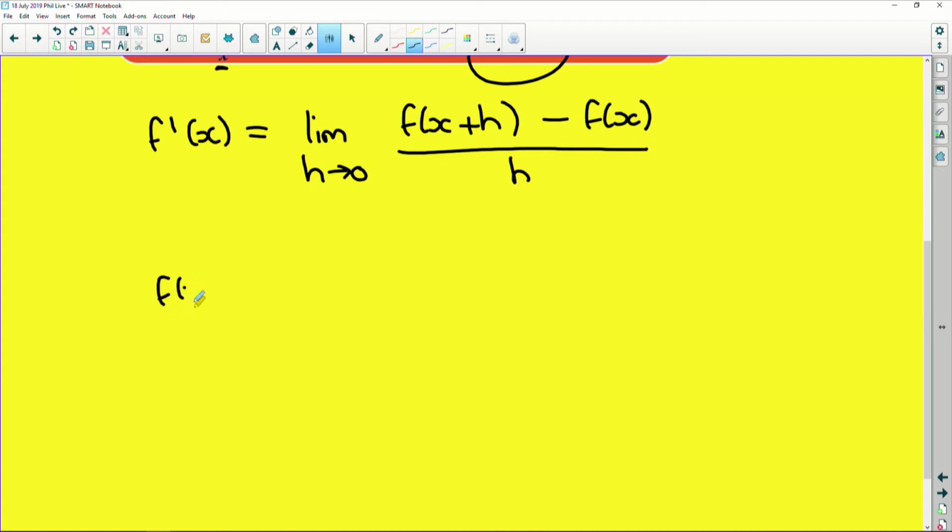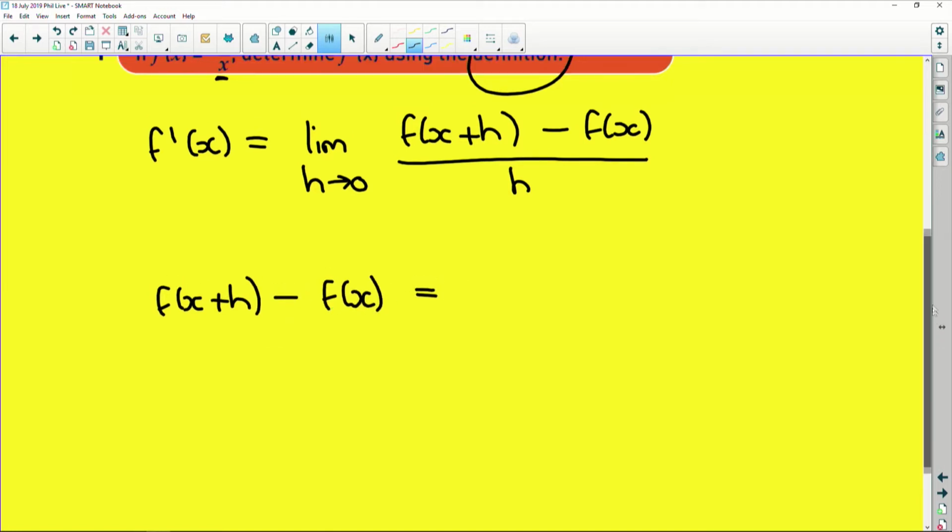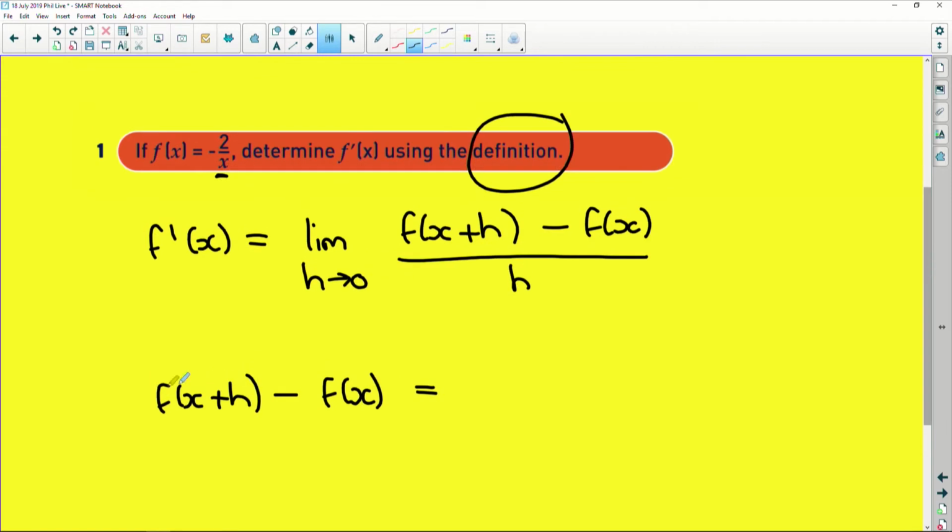So if I say f of x plus h minus f of x, it's going to give me, if you're trying to find f of x plus h, what you do is in your original function, whenever you see an x, you substitute x plus h.